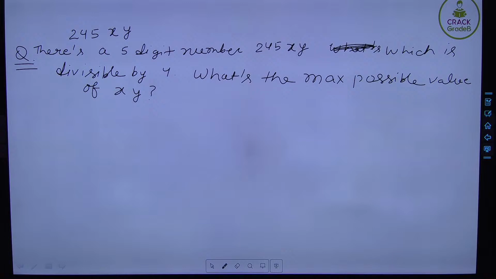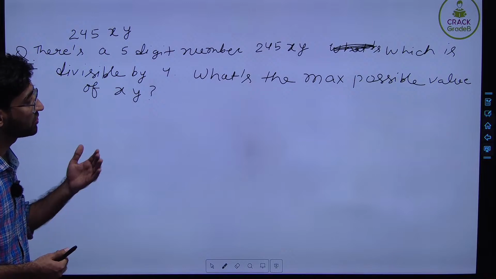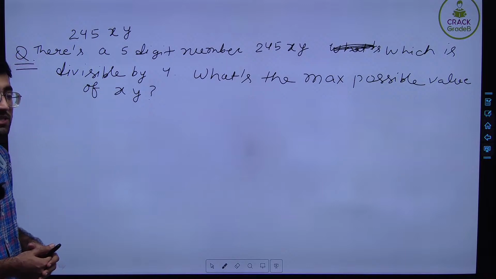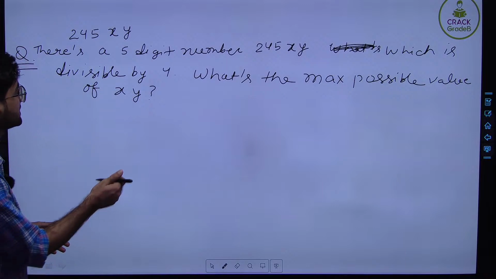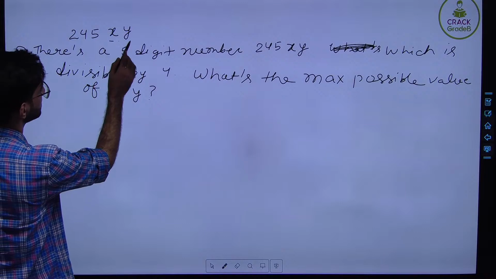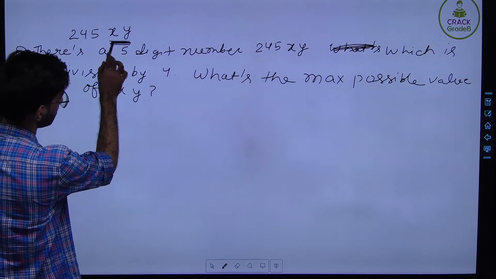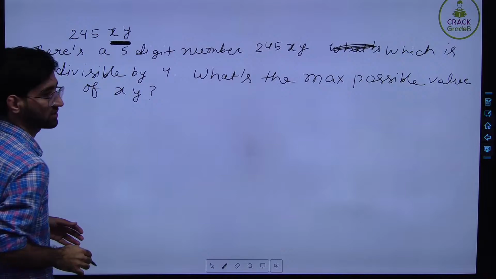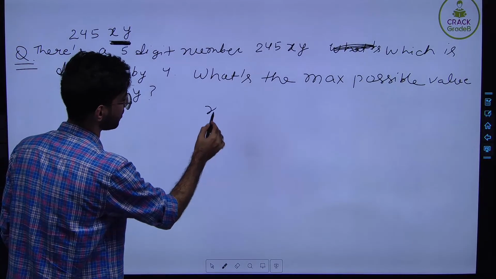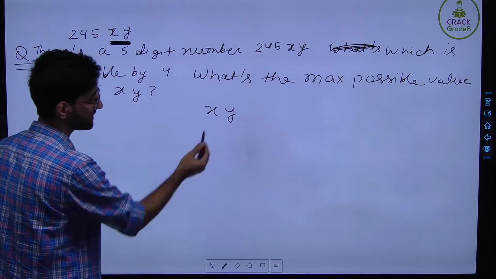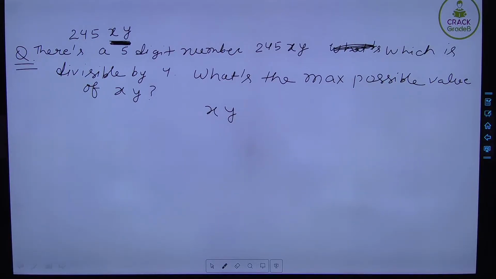It has been given that there is a 5-digit number 245XY which is divisible by 4. If this number is divisible by 4, we have to look at the last two digits, means XY is divisible by 4.